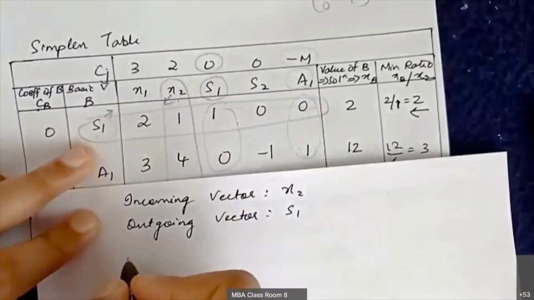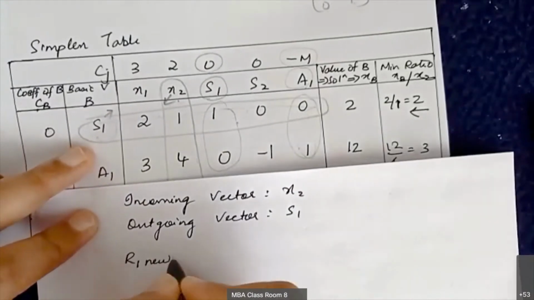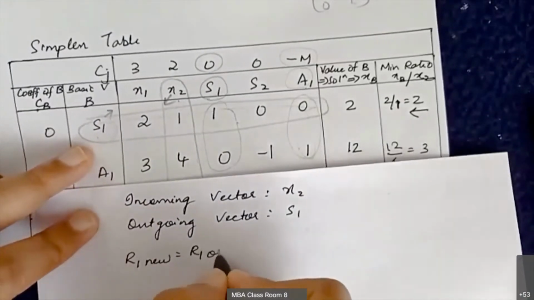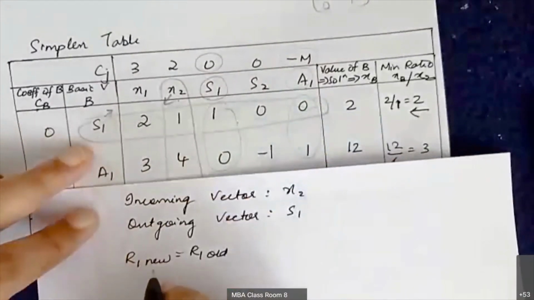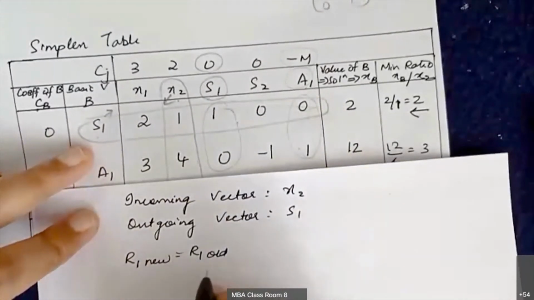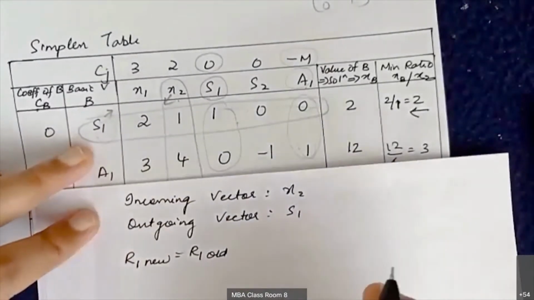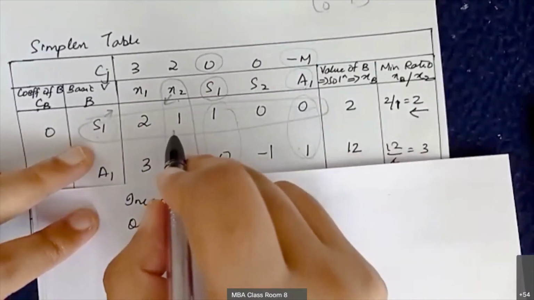And then we have the row operations. What will be the row operations? R1 new is equal to R1 old. See here row 1 is same as the key row. So instead of R1 new, I can also write key new, and instead of R1 old, I can write key old. It is the same thing. What do we do with the key row? We divide the key row by the key element.